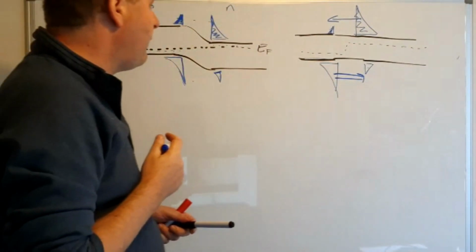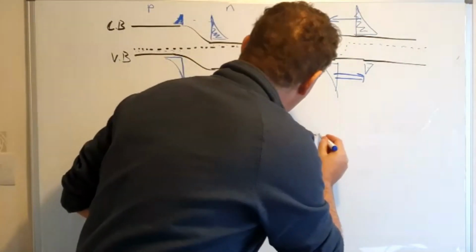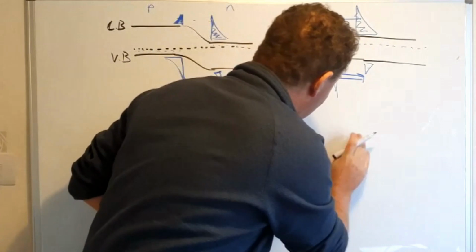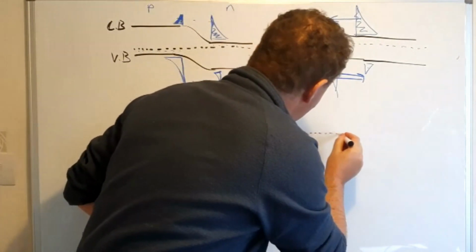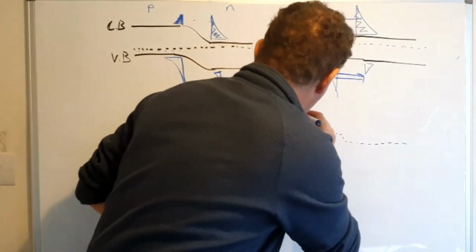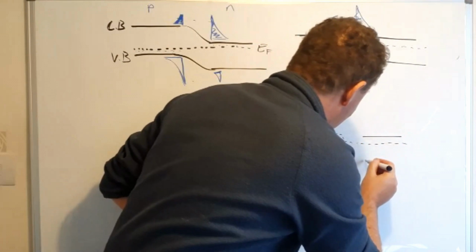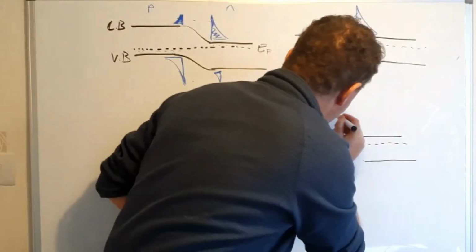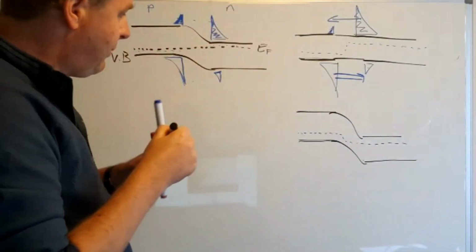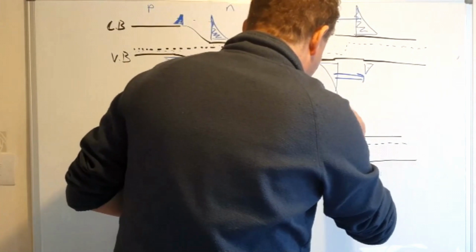What happens if we apply the other direction of bias? Okay, so now we've applied a bias in the other direction, we can draw in the electrons and the holes.